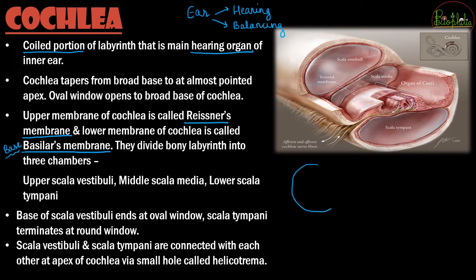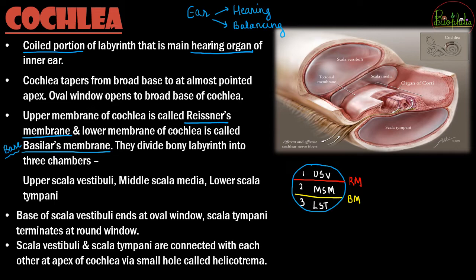For example, if you consider this to be the bony labyrinth, the red color one is going to be your Reisner's membrane, and say for example the yellow one is going to be your basilar membrane, right? So these two membranes are going to convert this particular bony labyrinth into three parts. So these three chambers or the three parts are going to be called as upper scala vestibuli, the middle scala media, and the lower one will be called as lower scala tympani.